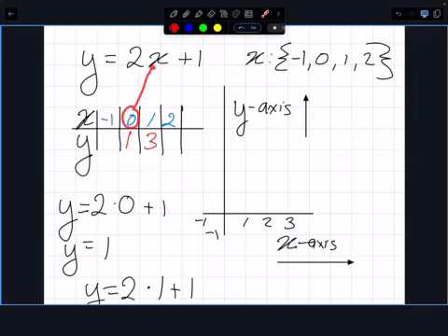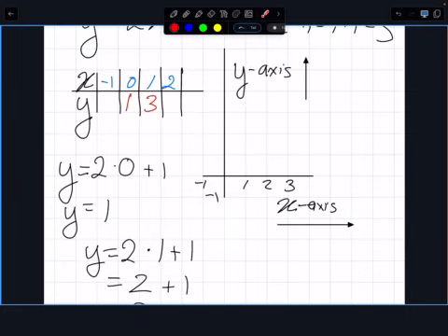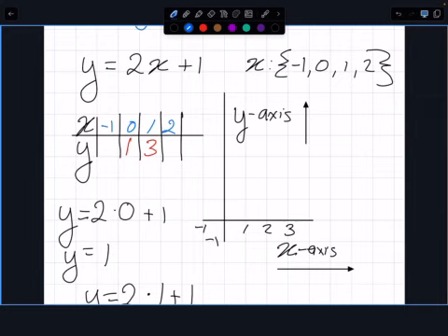X is 0, so y is 1 here. And then follows, when x is 2, I know in advance my y is 5.